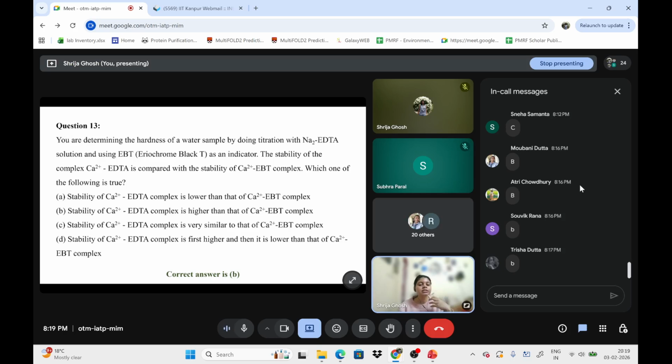Since Ca2+ has more affinity towards EDTA, what will happen? EDTA will start pulling the Ca2+ towards itself, making the Ca2+ EDTA complex, which is more stable than the Ca2+ EBT complex.